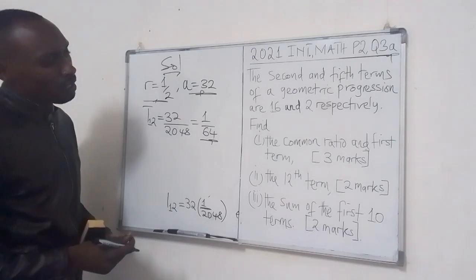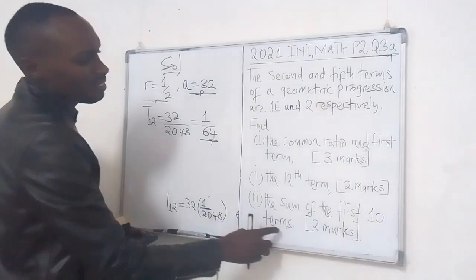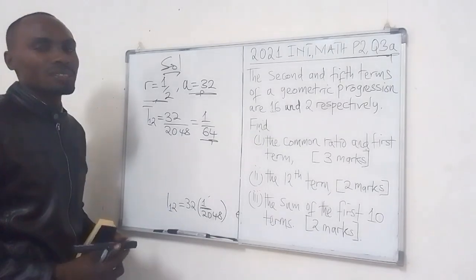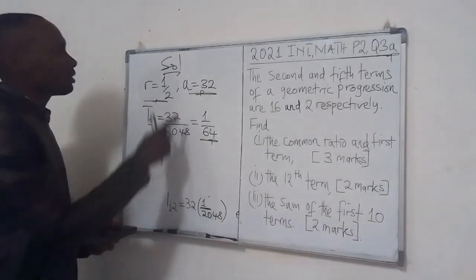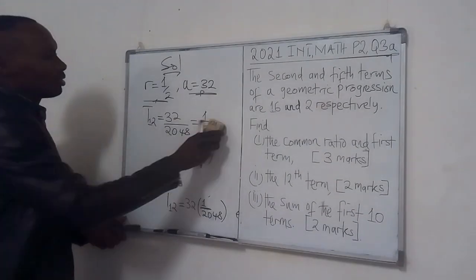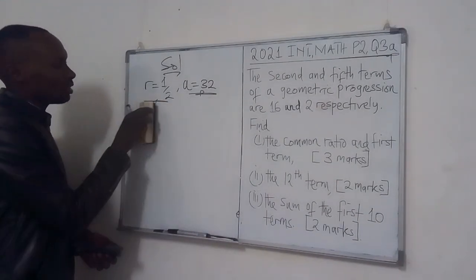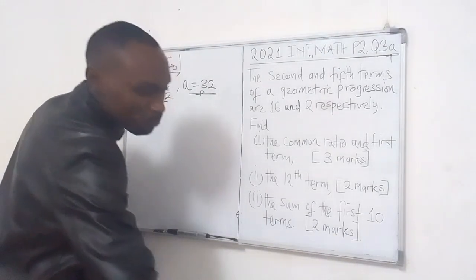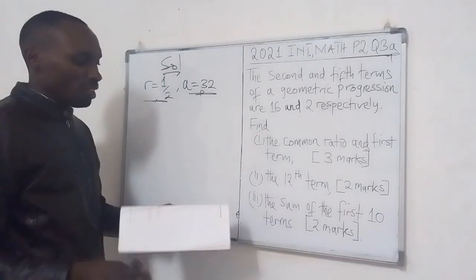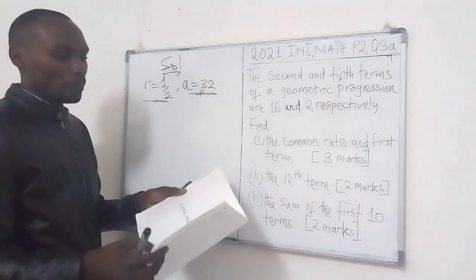Then we go to the last part, Roman numeral 3, the sum of the first 10 terms. Let's calculate it, taking note of the information that we have here. The formulas are given on the second page of this question paper.